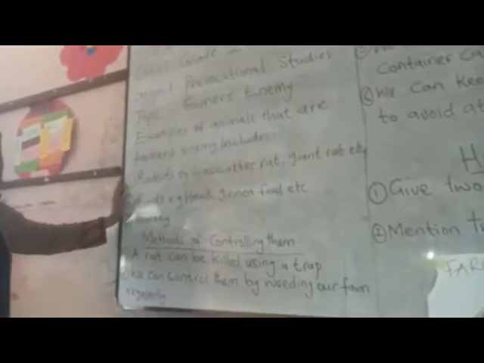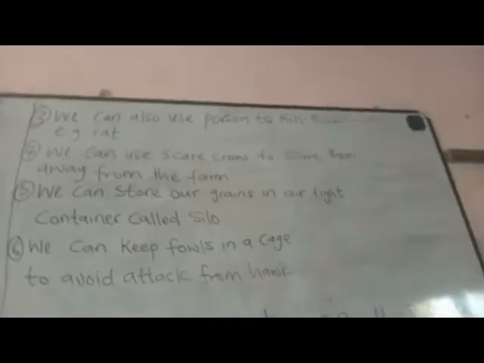Daroda, tell us one way we can fight this farmer's enemy. We can use poison to kill them. That is good. Rukaya, tell us another way we can control them. We can store our grains in an airtight container called silo.